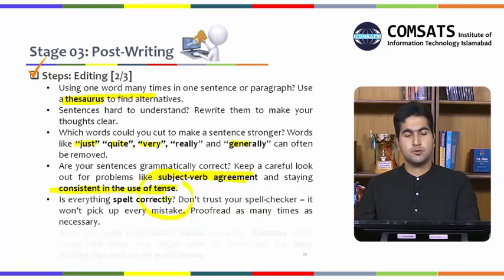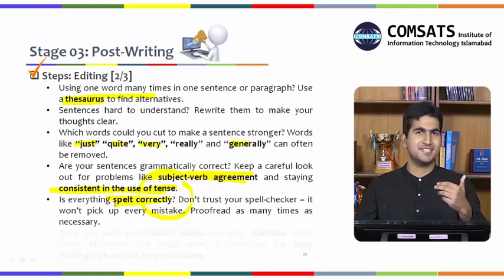And of course you have to look towards the spelling as well. In case you have used the wrong spelling, this is the space in which you can make the changes. You rely on the spell checker, which is of course a help that you are getting from the computer, from the office software, but that is also tentative. Why?